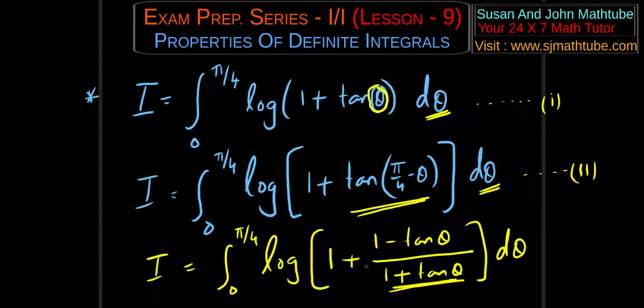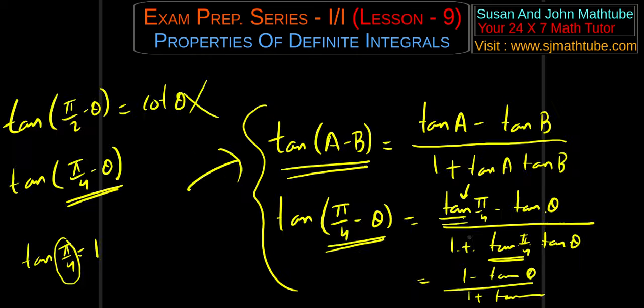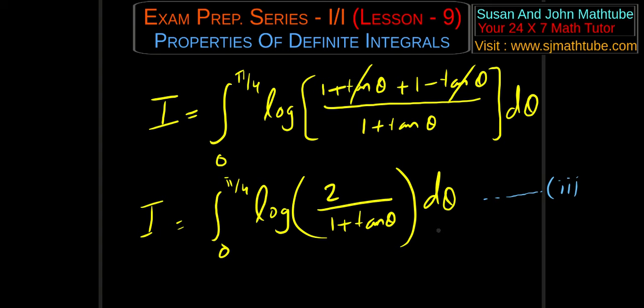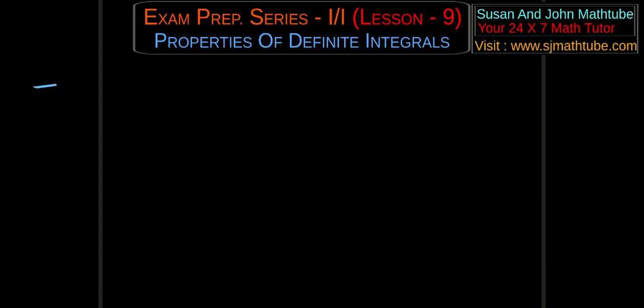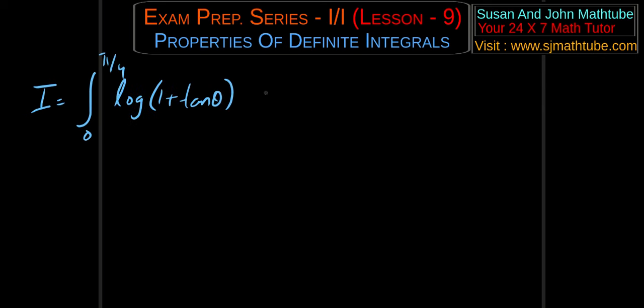So look at this. We have equation number 1 over here, and we simplified this and we got equation number 2. And as always, for your advantage, I will write 0 to pi/4. This is our question and this is equation number 1.